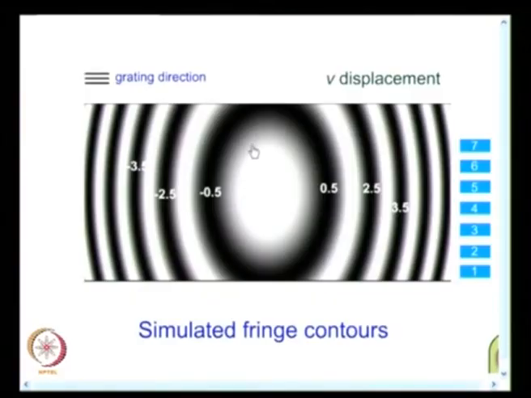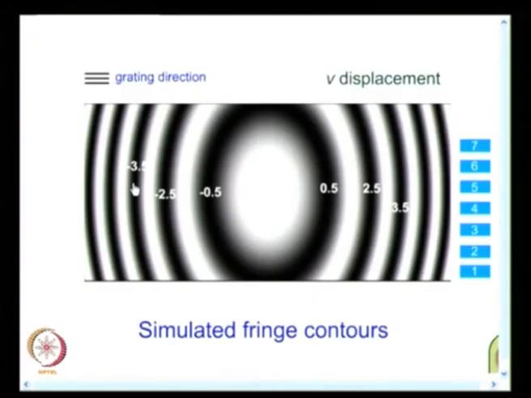There are also methods where they combine and try to get more than one information in one go. When we look at Moire, we will find out how you can get both u and v displacement simultaneously. And what you should keep in mind is, if I get two information together, it is always a nuisance.